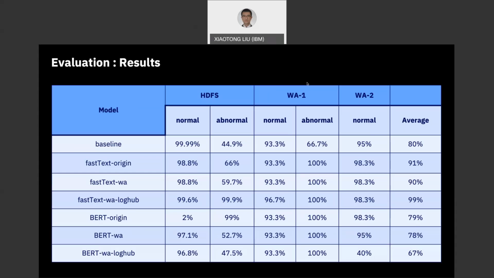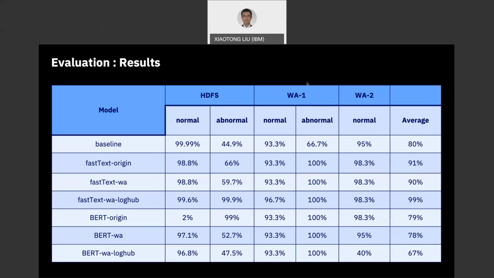Here we report the accuracy results of anomaly predictions on the benchmark datasets across various models. Firstly, we can see that the models trained with context-free embeddings consistently outperform our baseline, as well as the models trained with contextualized embeddings.